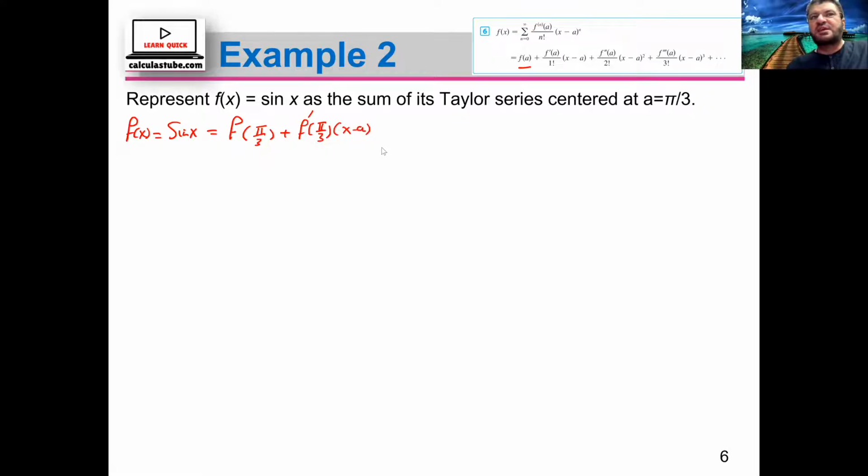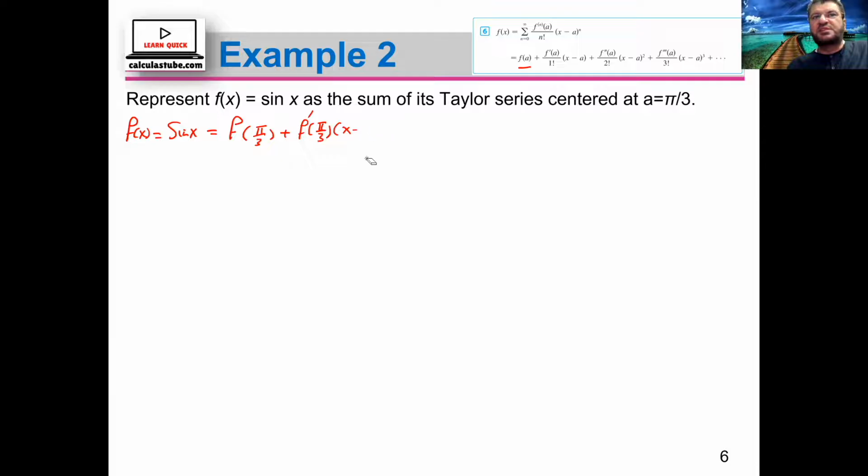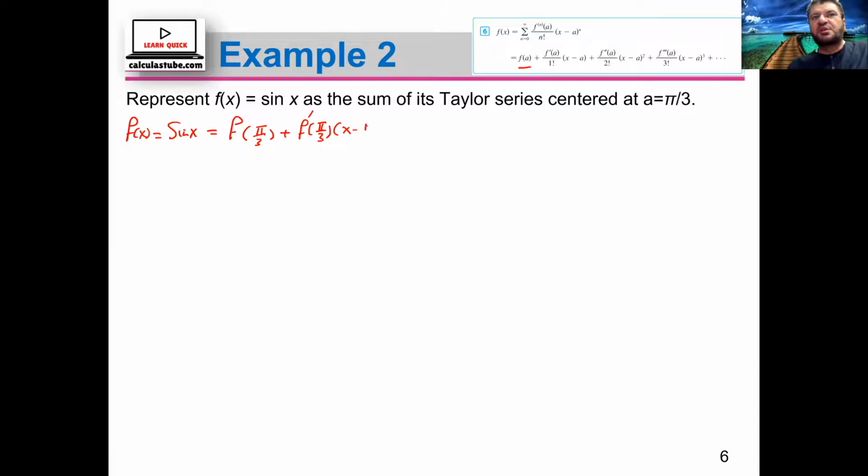Of course, I always keep writing this as an a, where it should be replaced with pi over 3 here. So this is x minus pi over 3 to the power 1 over 1 factorial.